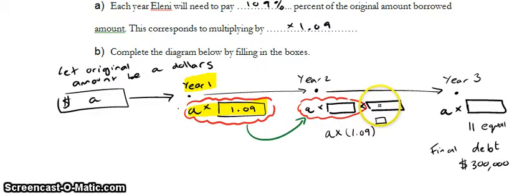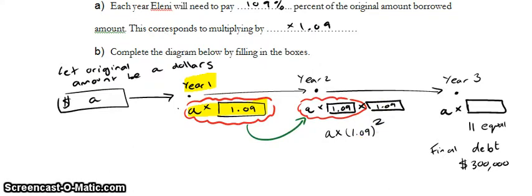So we have this new amount times 1.09, and we know that 1.09 times 1.09 is 1.09 squared.